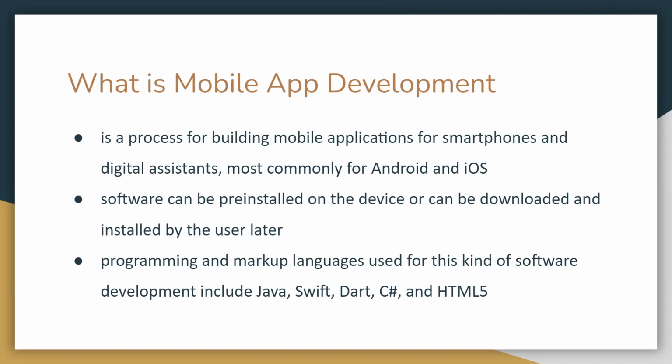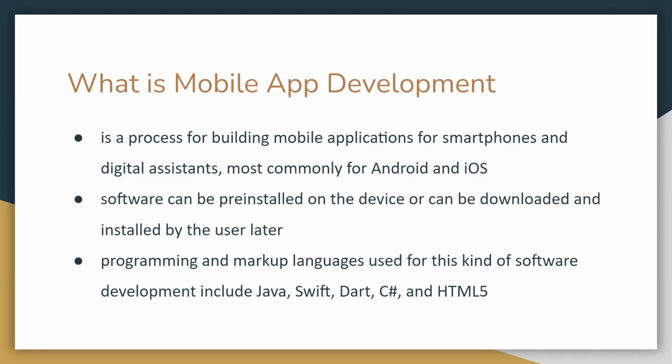Some applications in your phone were already pre-installed, for example the application you use to call, to watch videos, or for reminders. They are just bundled together and pre-installed for you, and they sell the phone to you like that. Those you see in your phone are all applications running on the Android operating system.